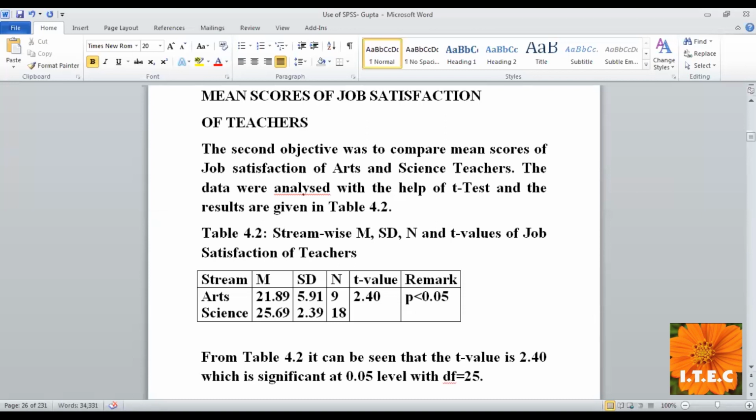So this must be my first sentence. What can be the second sentence?